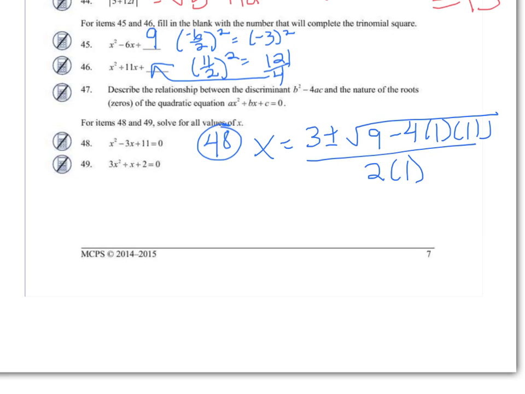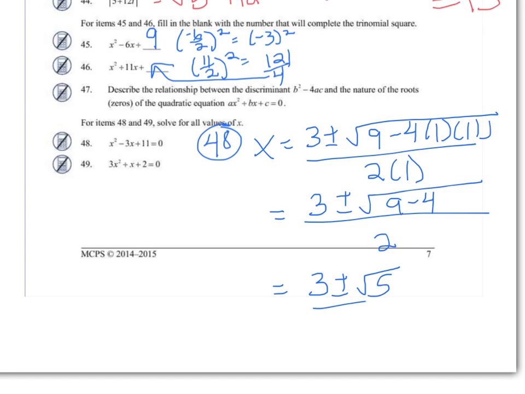If you look at the very first page of your exam review packet, it says no formulas will be provided for you on your exam. Therefore, this is one that you will have to have memorized. So the two answers for 48 are 3 plus root 5 divided by 2 and 3 minus root 5 divided by 2.